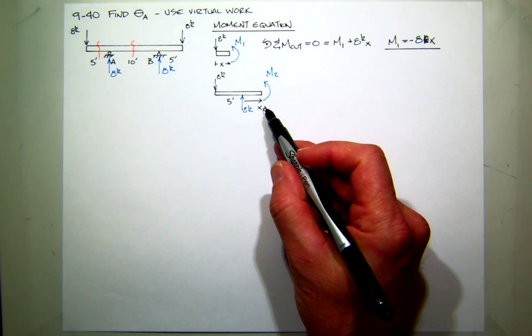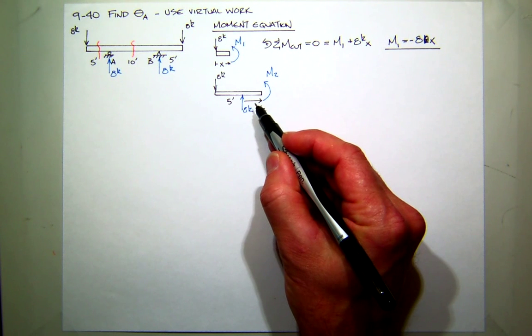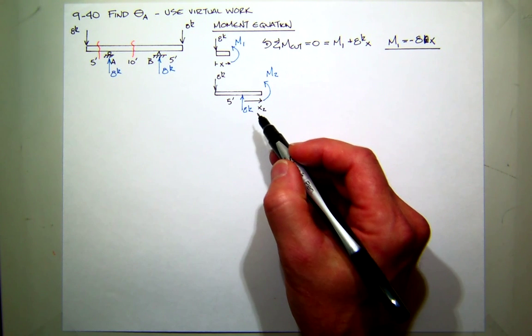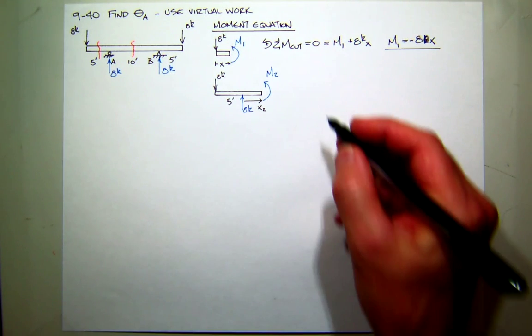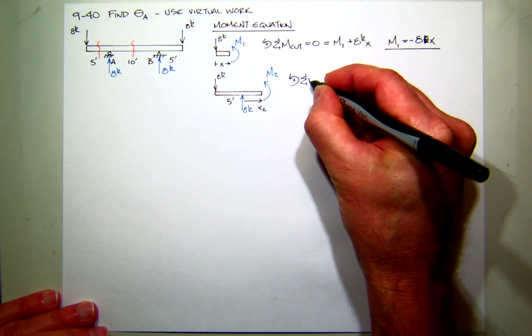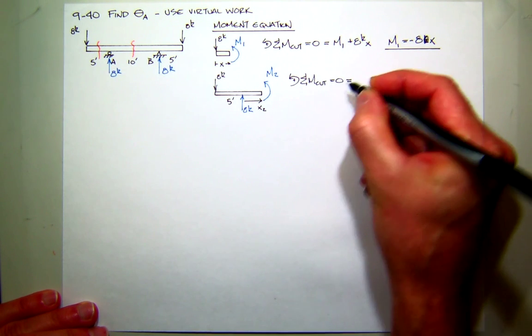So I can do that, right? Once I set this system up to be measured in this way, when I do my virtual moment, which we'll do next, I have to use exactly the same system. So you can't mix your systems up. With that said, I can now sum my moments at the cut in this section, make sure it's in equilibrium.